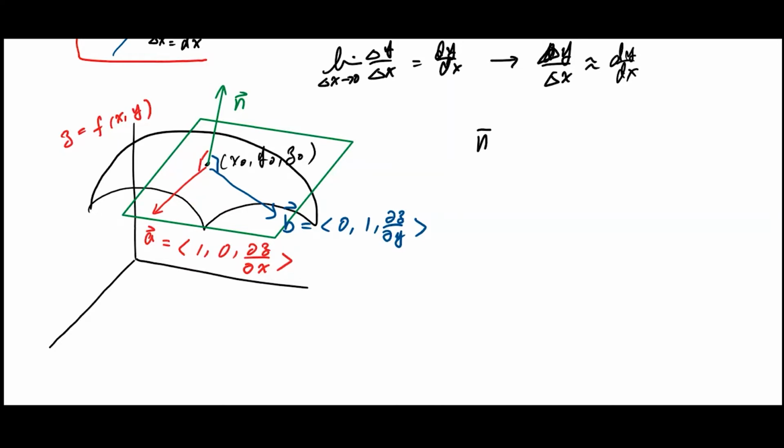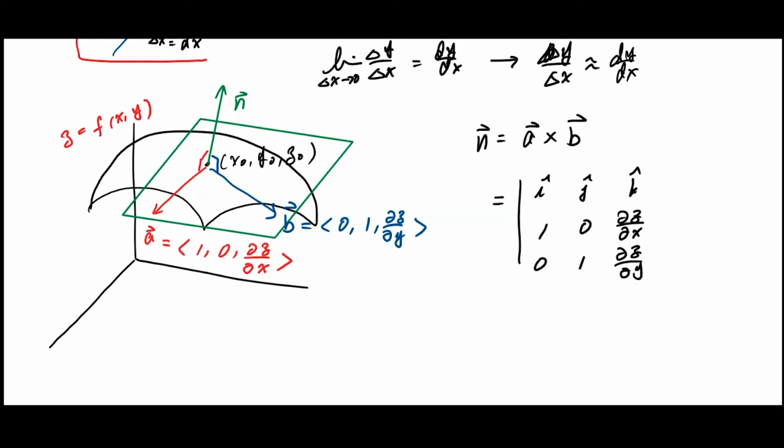So this normal vector n has to be then A cross B. Okay, so let's take the cross product. The cross product is done this way: i, j, k, and then A is 1, 0, partial z, partial x, and then B is 0, 1, partial z, partial y.